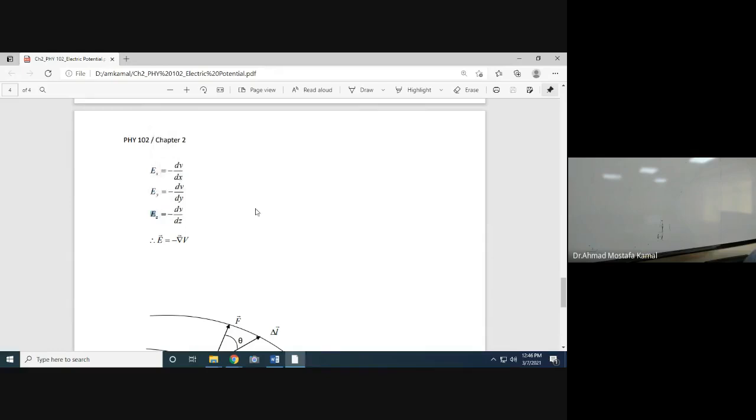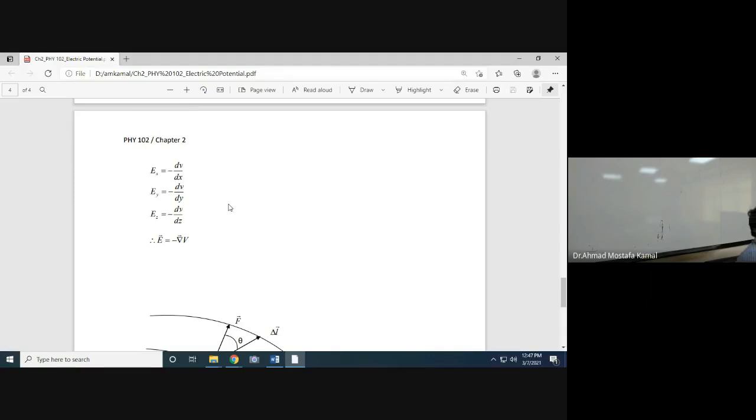And the relationship is very simple: Ex equals minus dV/dx, Ey equals minus dV/dy, Ez equals minus dV/dz. The minus sign is there, and E equals minus del V. Del is called the three-dimensional operator, which gives you i d/dx plus j d/dy plus k d/dz.